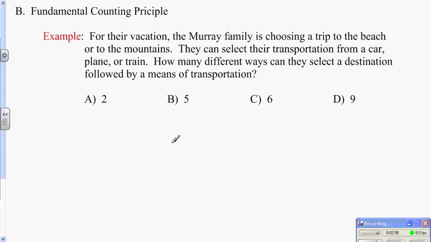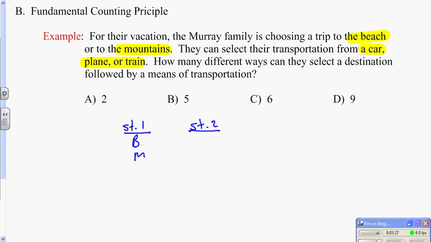Here we have a vacation. The Murray family is choosing a trip to the beach or the mountains, so there's their first decision to make. They can select their transportation from a car, plane, or train. How many different ways can they select a destination, followed by a means of transportation? So again, stage 1 is beach or mountain.